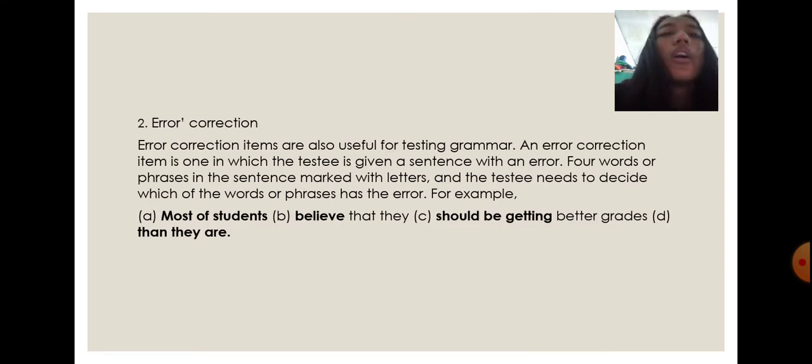Number two, error correction. Error correction items are also useful for testing grammar. An error correction item is one in which the testee is given a sentence with an error, four words or phrases in the sentence marked with letters, and the testee needs to decide which of the words or phrases has the error.